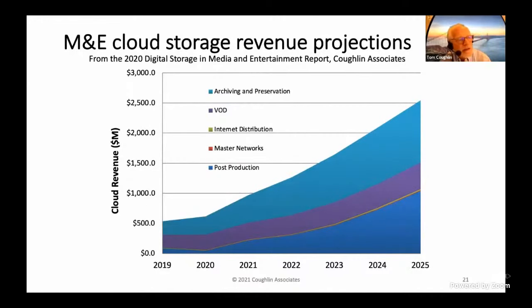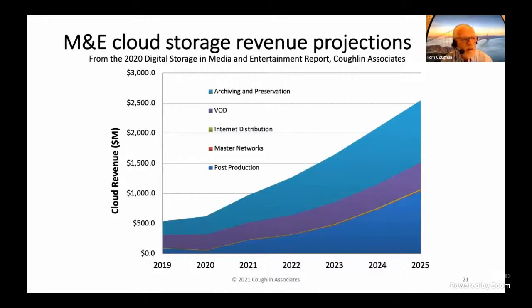So here's a look at, again from our 2020 Digital Storage Media and Entertainment Report, our projections for cloud storage revenues out to 2025 due to archiving and preservation, video on demand, various other types of distribution technologies, master broadcast networks, and also post-production.